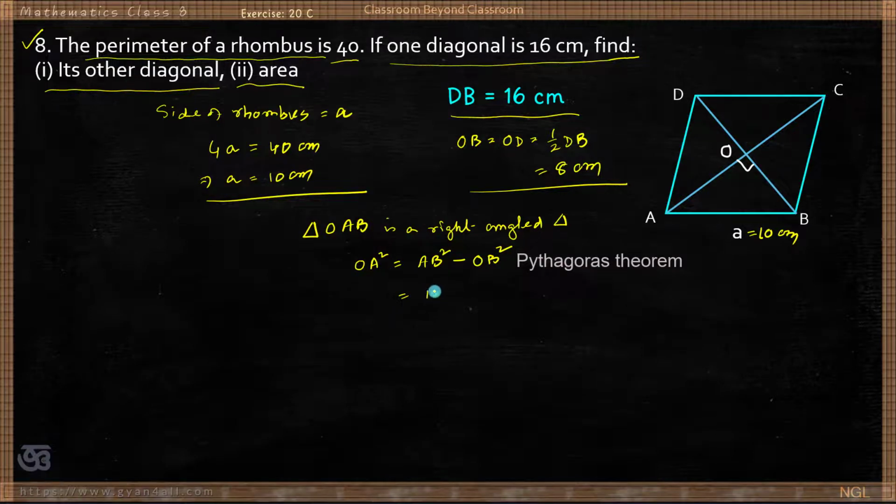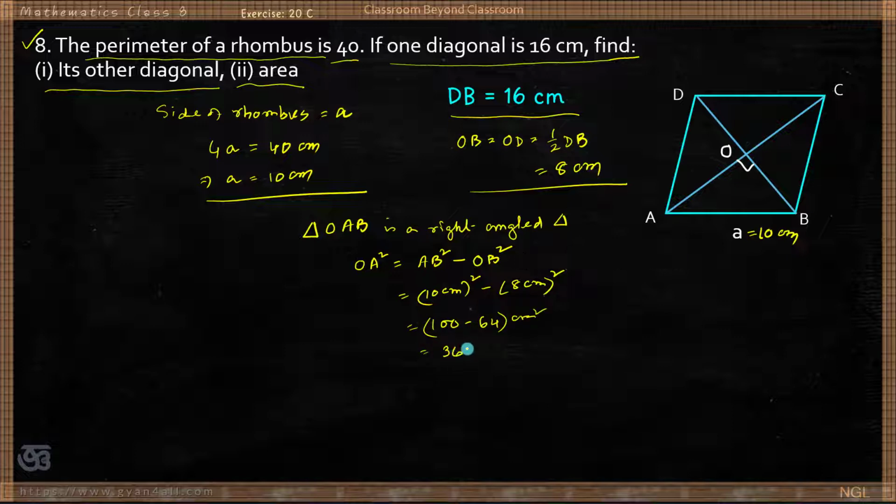AB is equal to 10 centimeter square minus OB is 8 centimeter square. So this is equal to 100 minus 64 centimeter square, and this is equal to 36 centimeter square. Therefore, OA is equal to 6 centimeter.